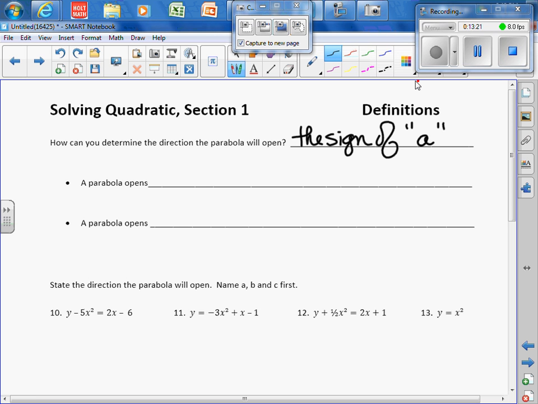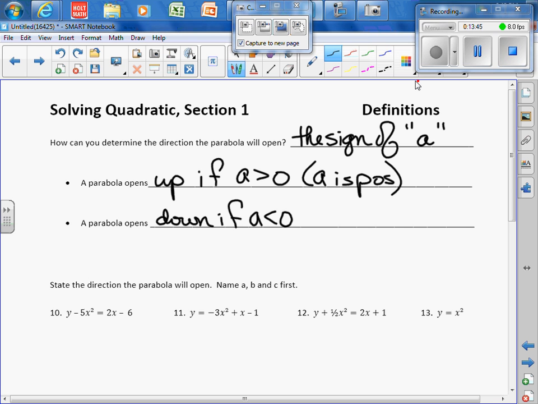The parabola opens up if a is greater than 0, meaning if a is positive. And the parabola opens down if a is less than 0, meaning a is negative.